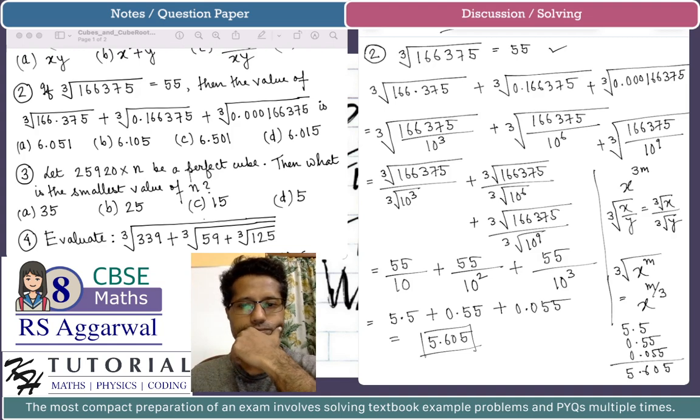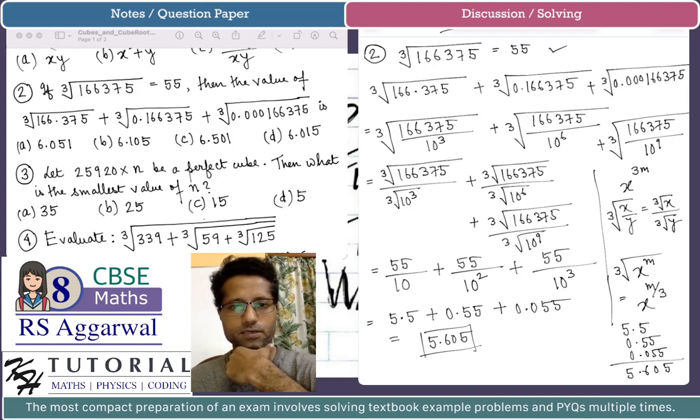So it is not matching with any of the choices. I must have done something wrong. So the cube root is given to be 55. Okay, so 55 by 10 and 55 by 10 square and 55 by 10 cube.